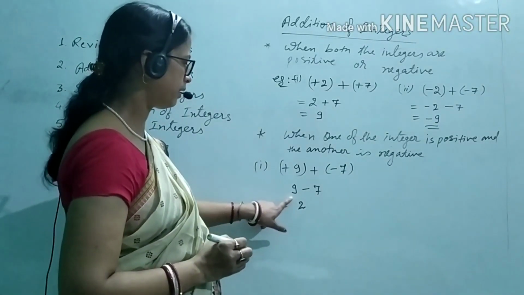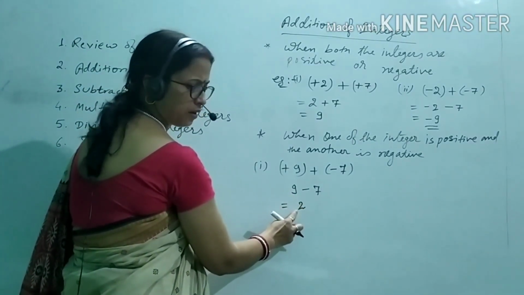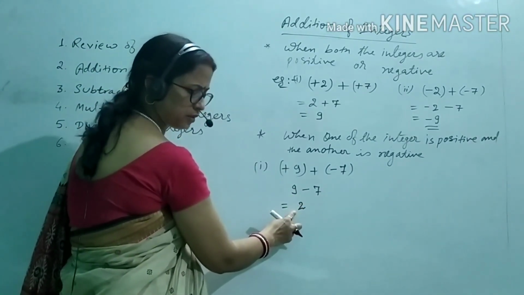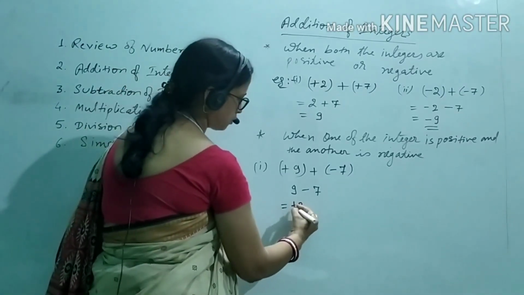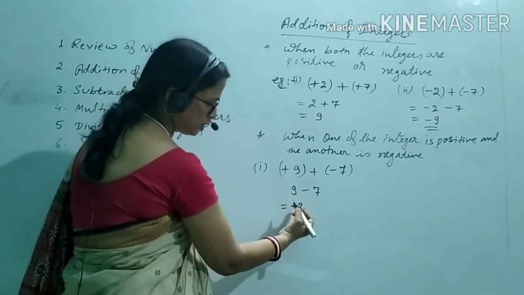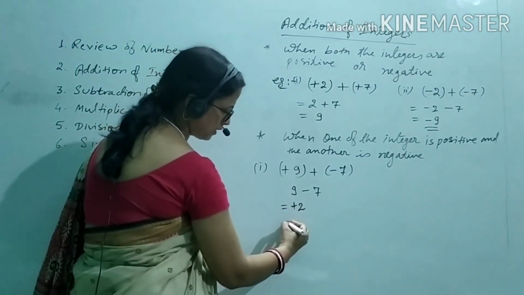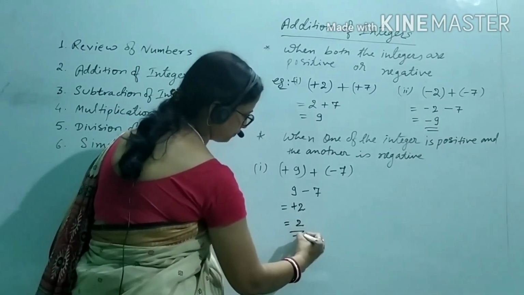So here as 9 is greater than 7, we will assign the sign of the greater number, that is plus, 2. It is not important to mention plus just before any integer, so directly we can write 2.